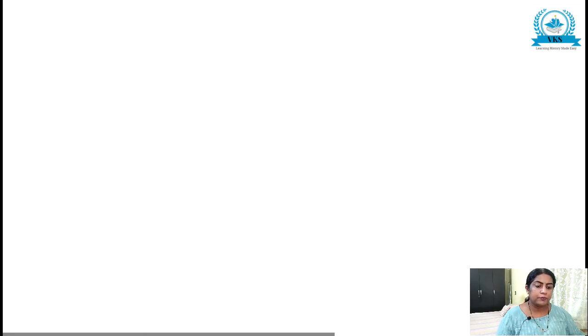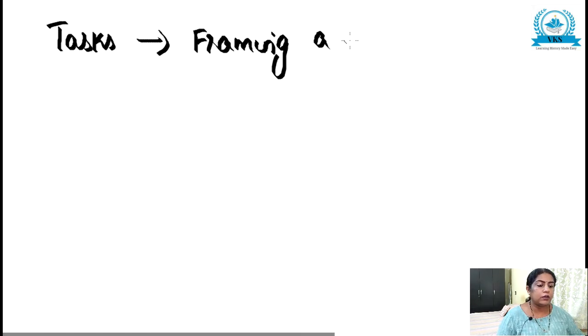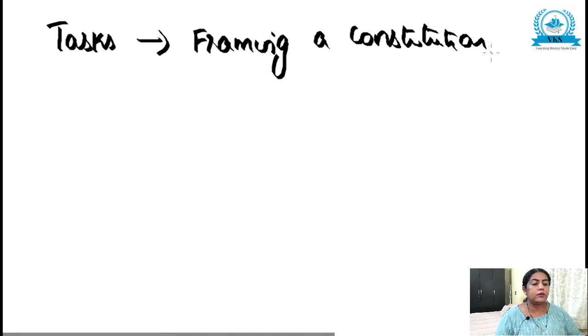One of the important tasks was framing a constitution. Any independent country needs a proper constitution, that is a book of laws, a book of rules and regulations for the country. So framing a constitution was an important task for independent India.